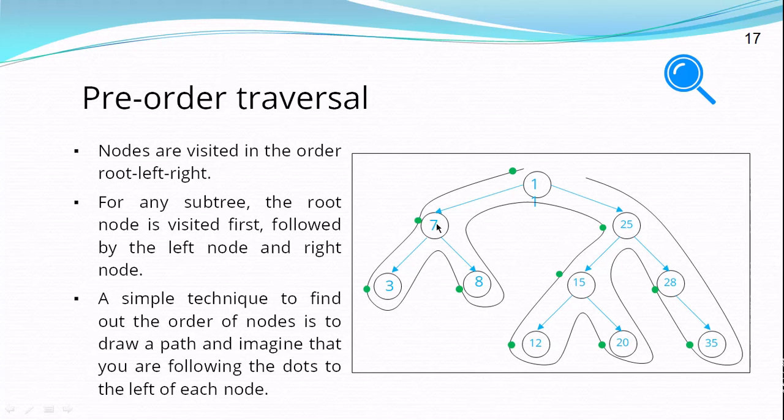You mark the node with a green dot and then explore the left-hand tree, and notice that you come to a node which doesn't have a left child, doesn't have a right child. So you just put the green dot to indicate the fact that you are first of all visiting the node itself.